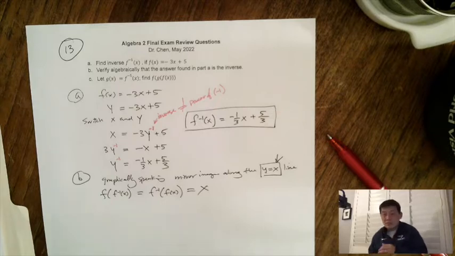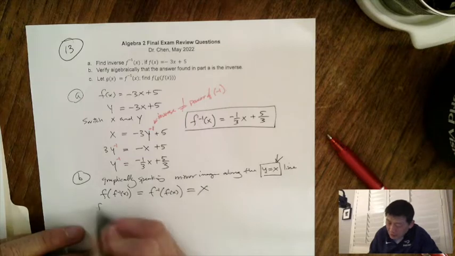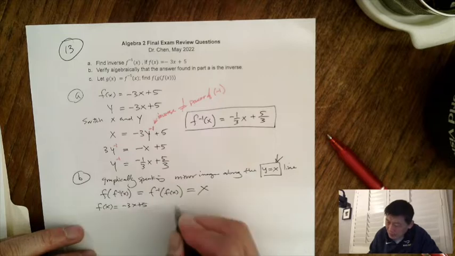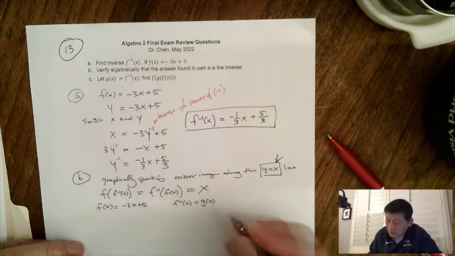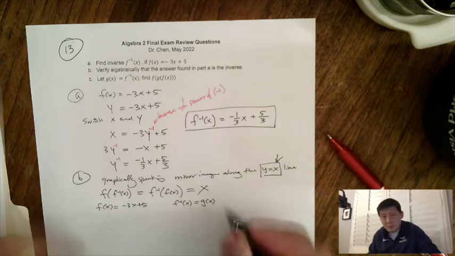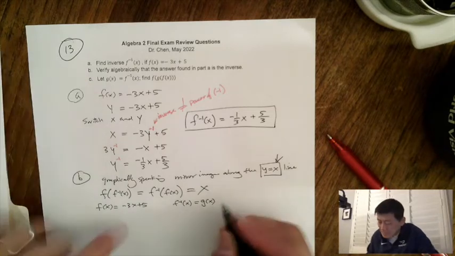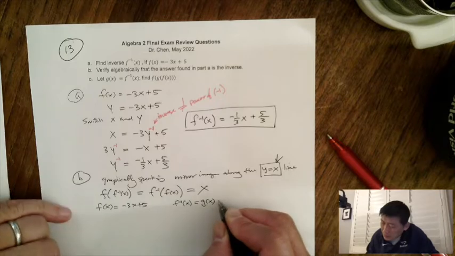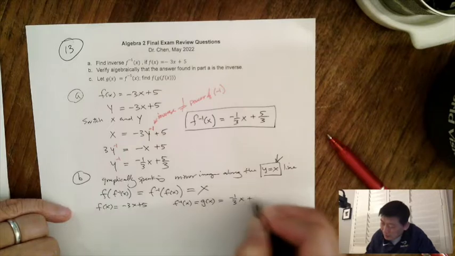That's simple. So let's do that. We know that f of x is equal to negative 3x plus 5, and the inverse of x, maybe we can call that g of x. In fact, that's what part C is saying, so I'm actually ahead of myself. It is what we found in part A, negative 1/3 x plus 5/3.